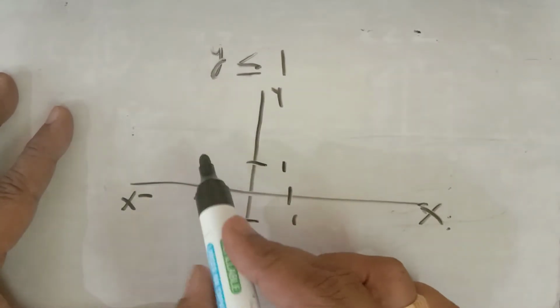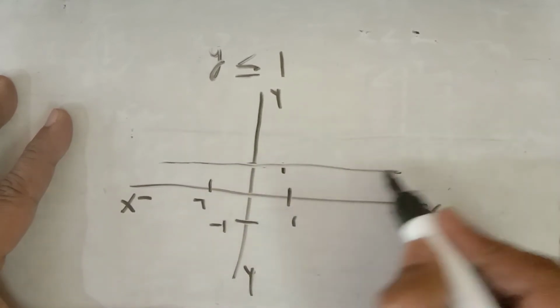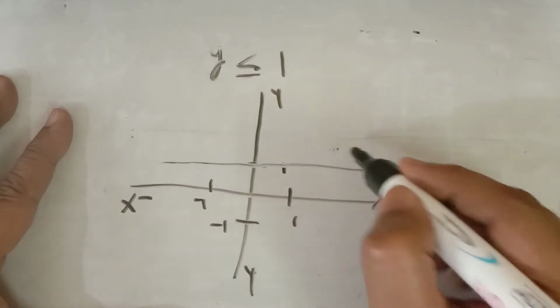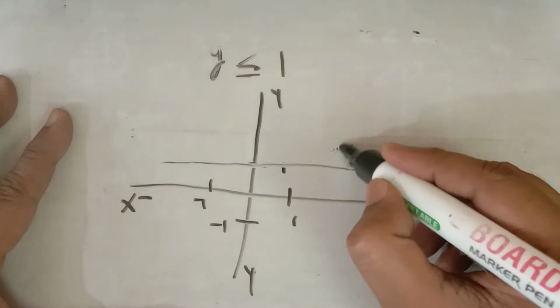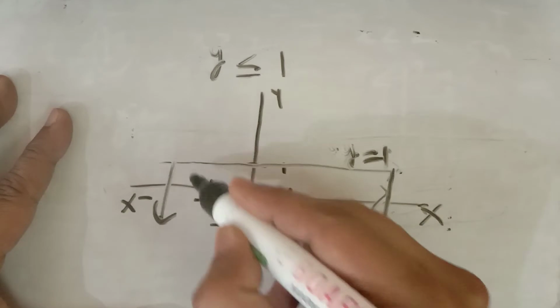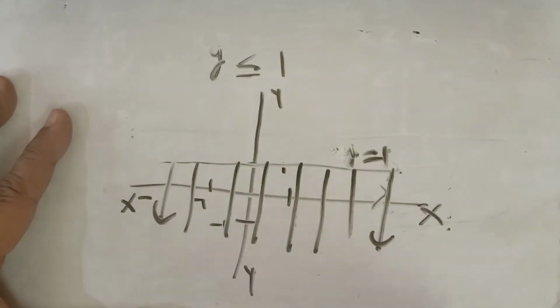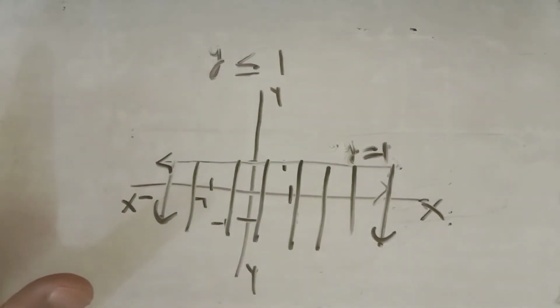Now y less than or equal to 1 means draw a line parallel to the x-axis at y equal to 1. This is the line, and because it is less than or equal to 1, the solution will be below this line. So you can draw the graph of linear inequalities containing only one variable like this.